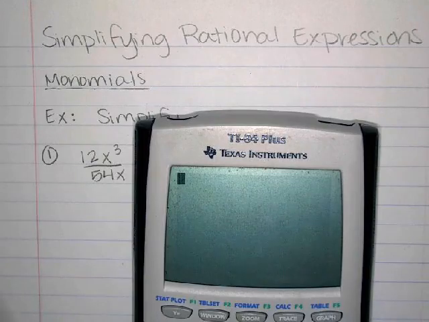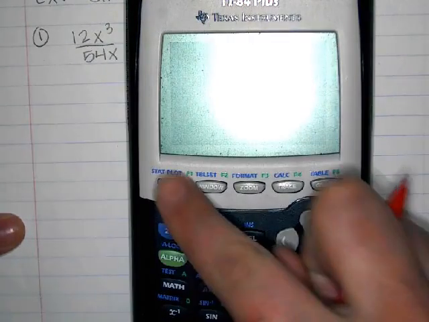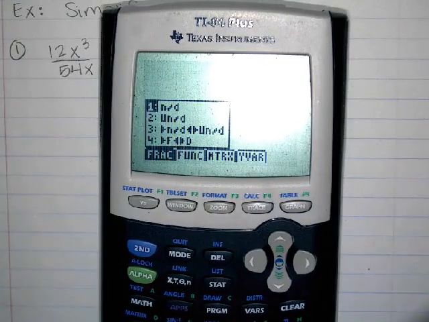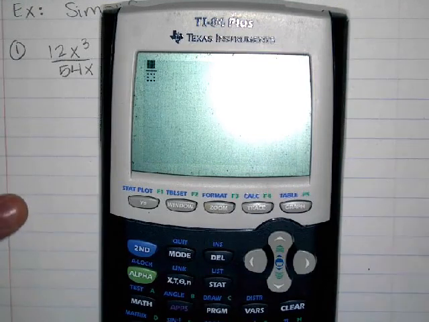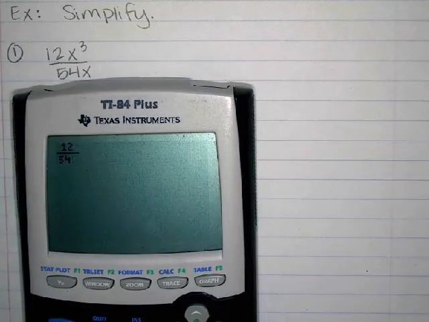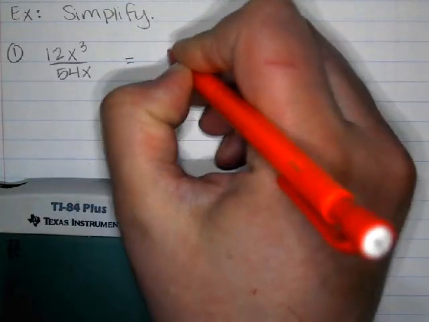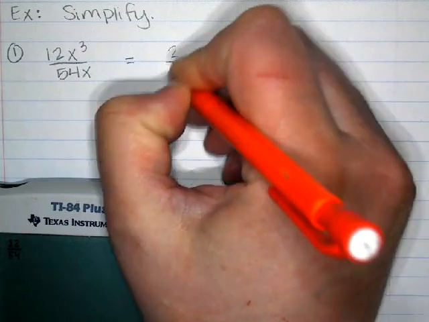I'm going to type in the fraction by doing alpha y equals and pressing enter. The fraction is 12 over 54, so I'm going to type 12 over 54. When I press enter, the calculator is going to reduce that fraction for me. So 12 over 54 is 2 over 9. So I'm going to write 2 over 9.